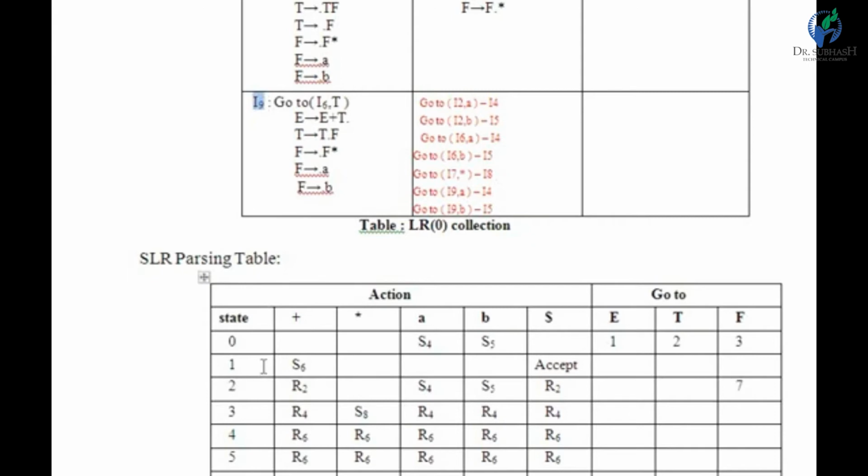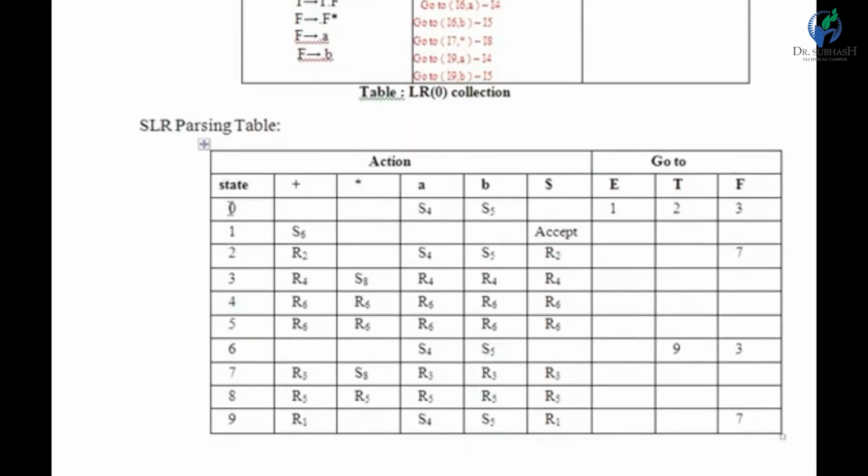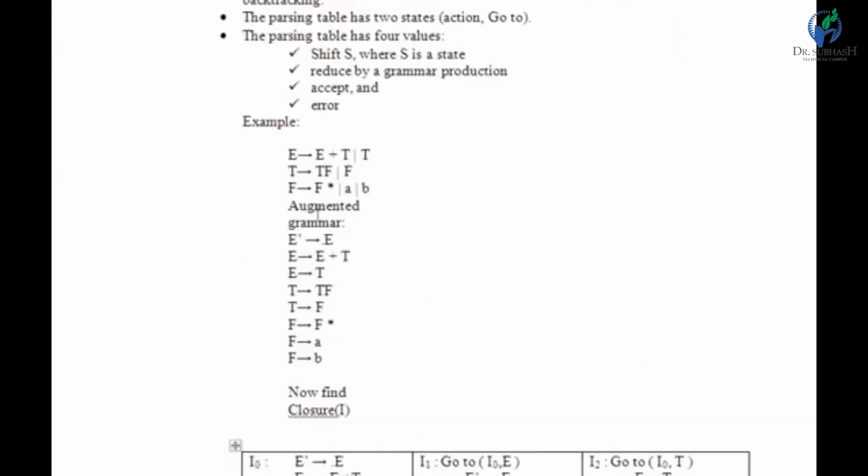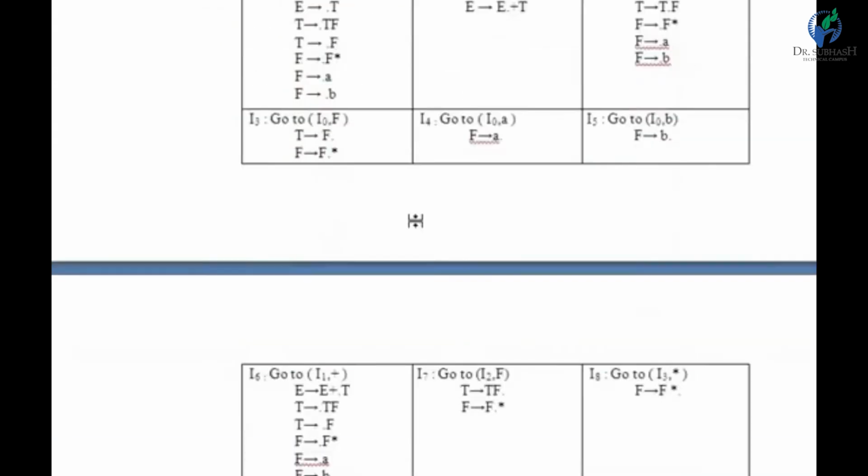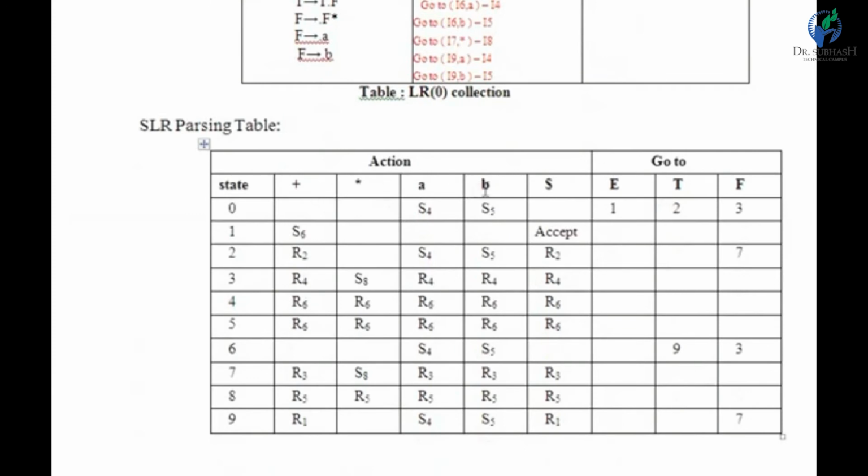In this case, we have I0 to I9, so your states will be 0 to 9. In action, you use all the terminals of the given grammar: plus, star, A, B. At the end, add the $ sign.